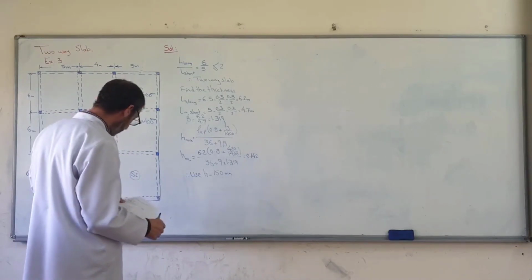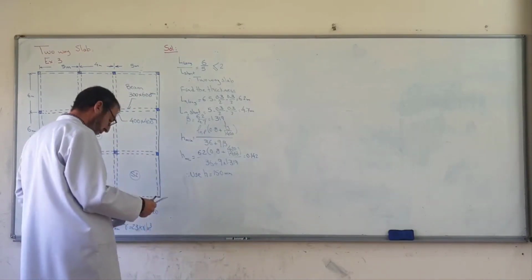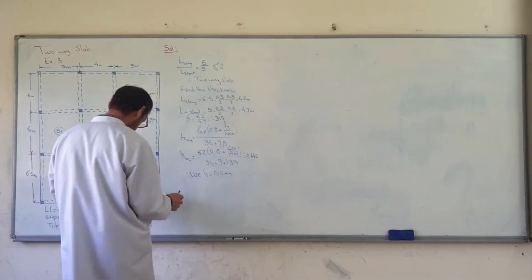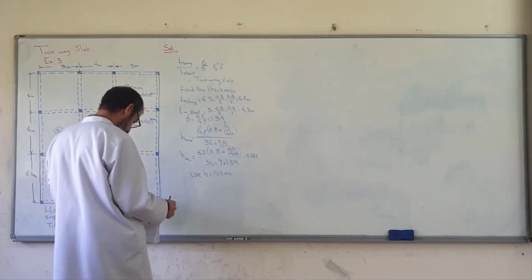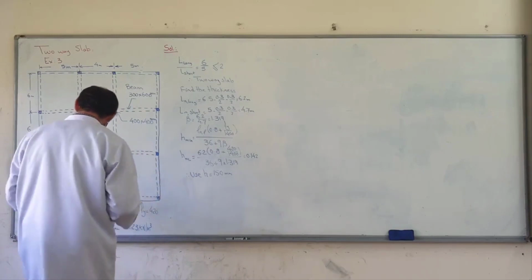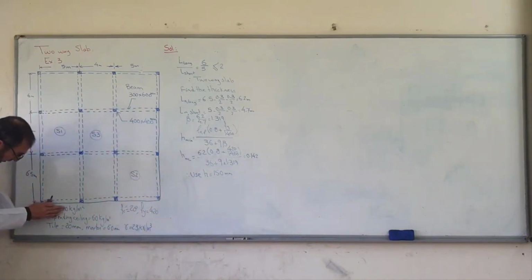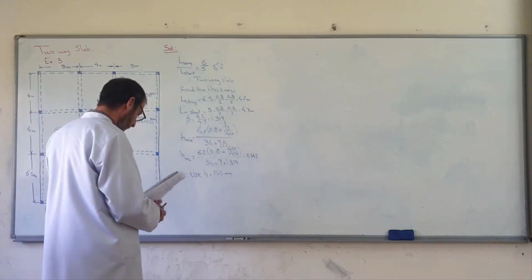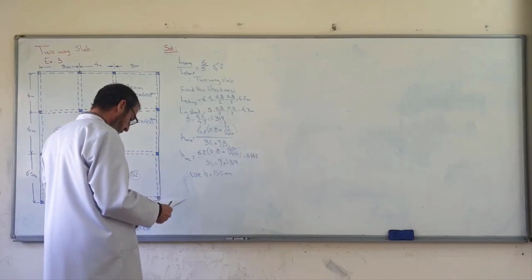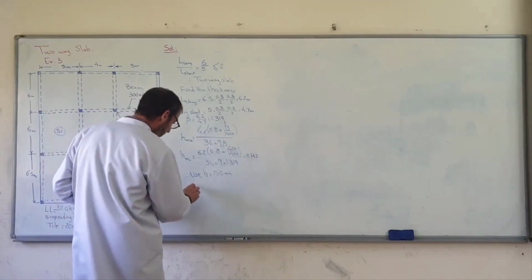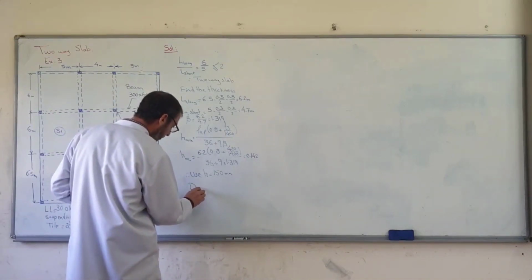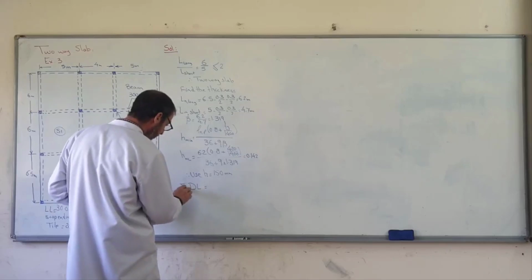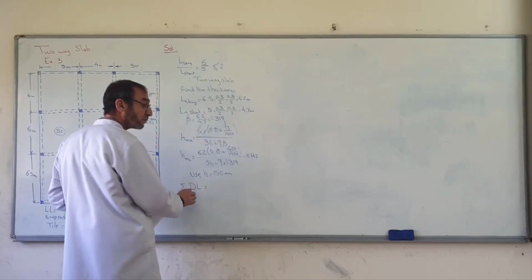We have dead loads and live load. Here the live load is 300, sorry, this is an error. The live load is 3. Now the dead load: we found the summation of dead load as we did in the first example, for the one-way slab.